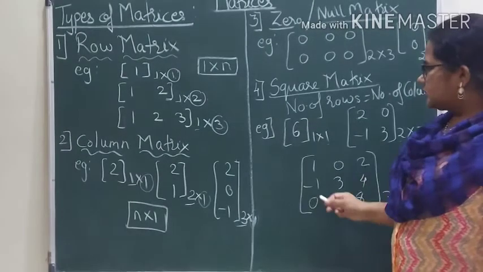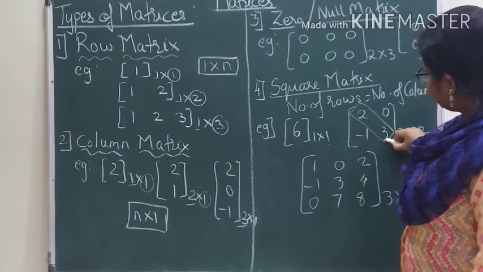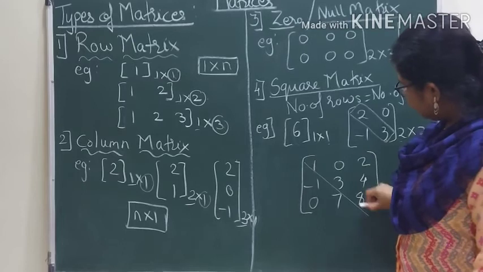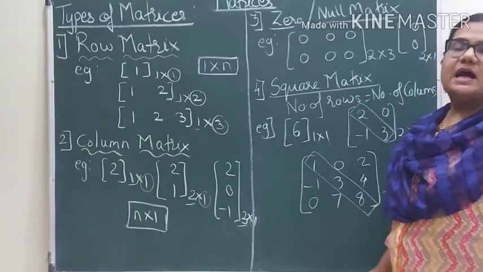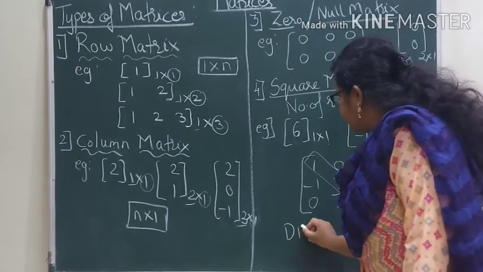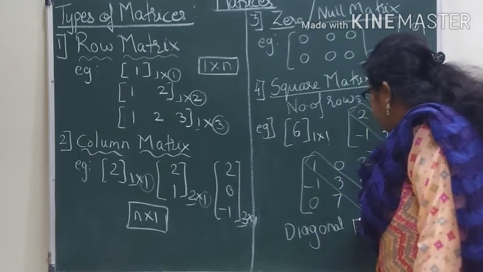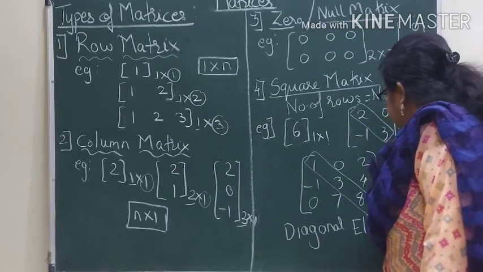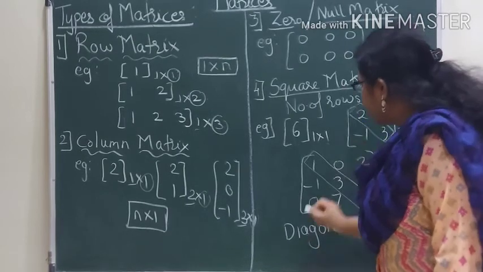Now in a square matrix, these elements, see where I squared, these elements are called diagonal elements. What are they called? Diagonal elements. Generally, what is the number here?